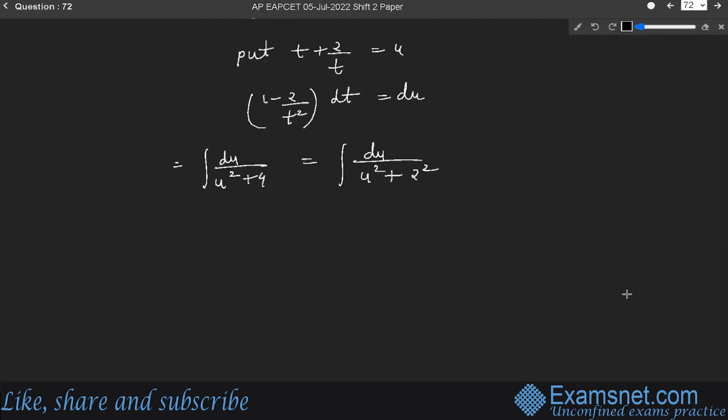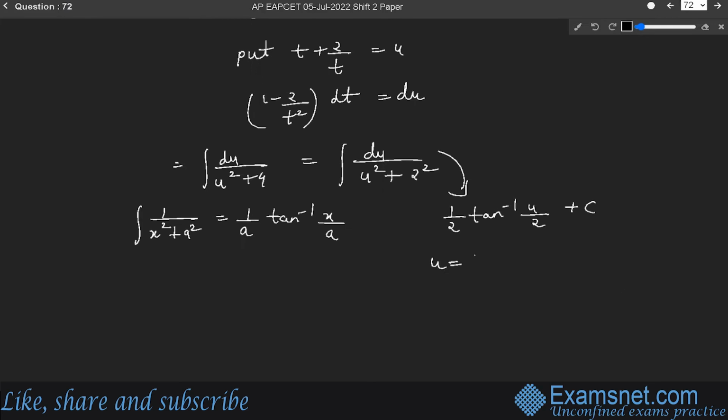Now, there is a form, and we know that the integral of 1 upon x square plus a square is equal to 1 upon a into tan inverse x upon a. So using this formula, the expression becomes 1 by 2 tan inverse u by 2 plus c.